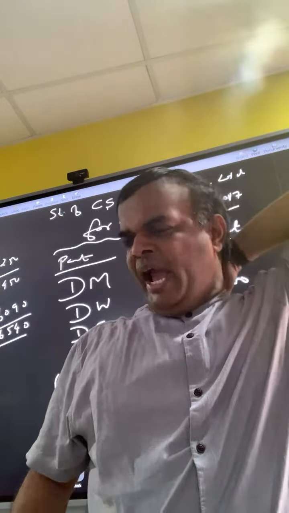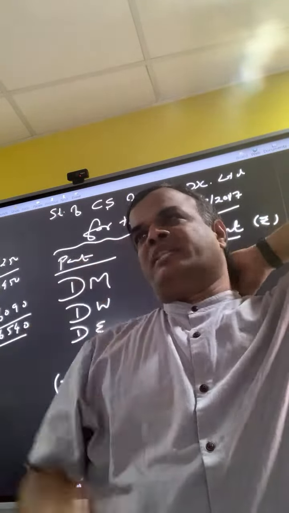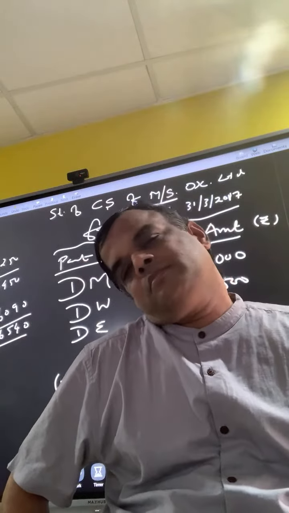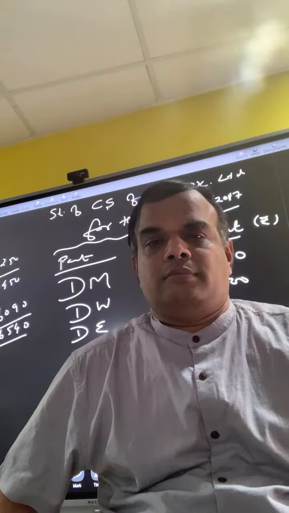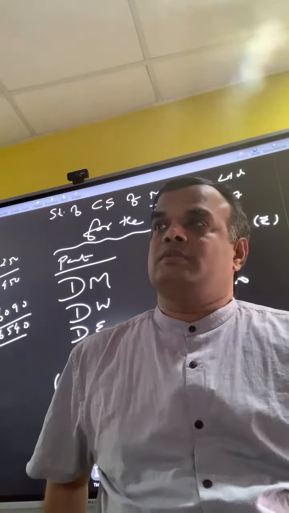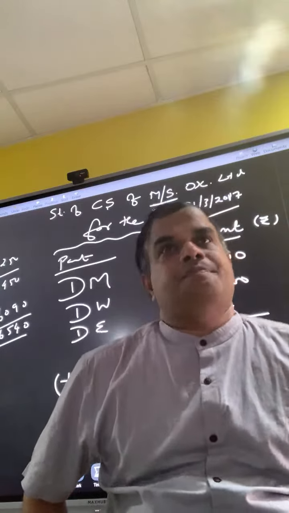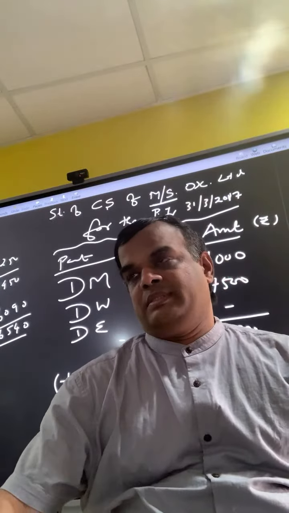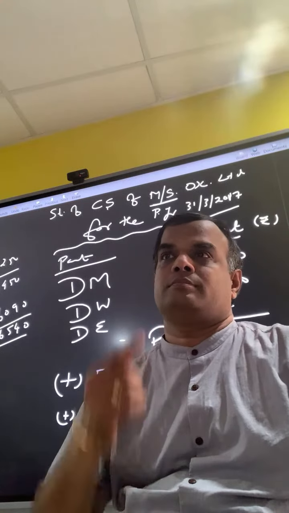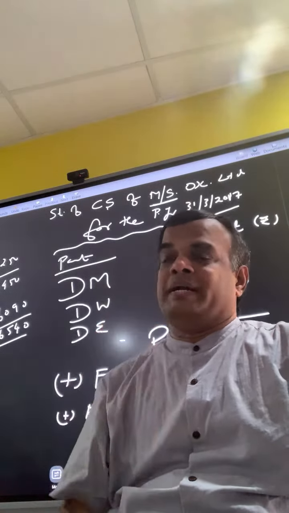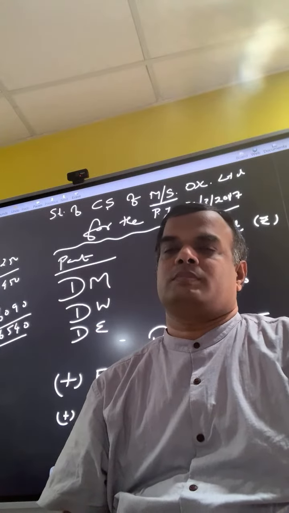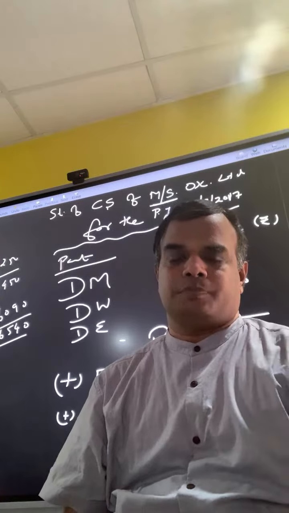For the month of April. Next, draw a two-column table: particulars and amount.